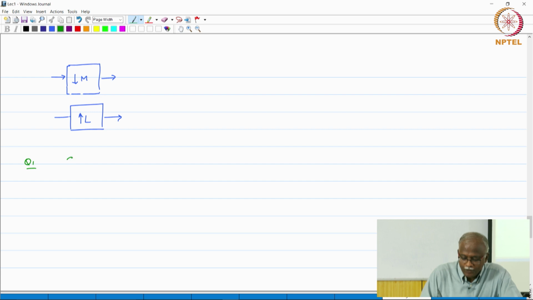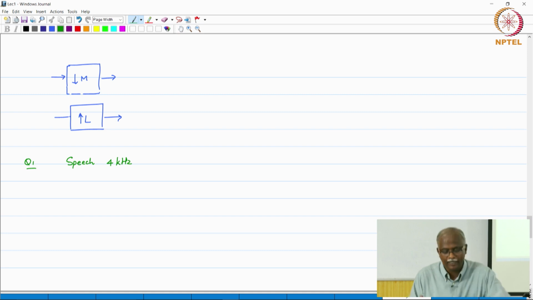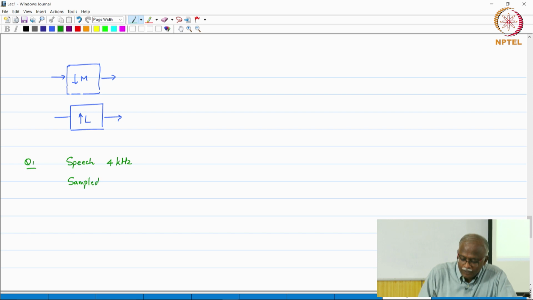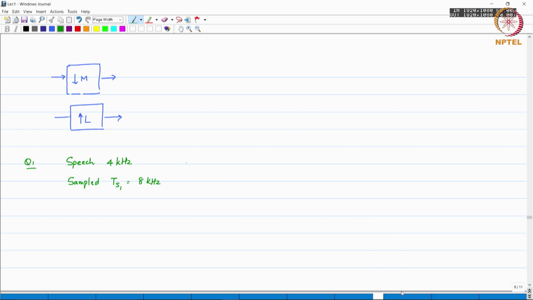Suppose I have speech, which is band limited to 4 kilohertz. Most of our human speech is in that range, and I have sampled it at Ts1, at 8 kilohertz.